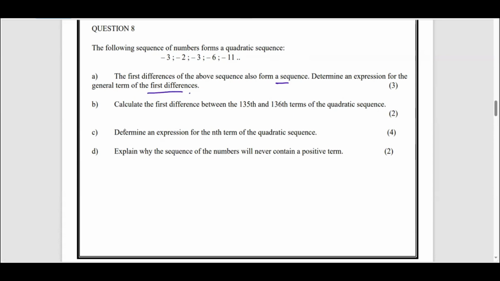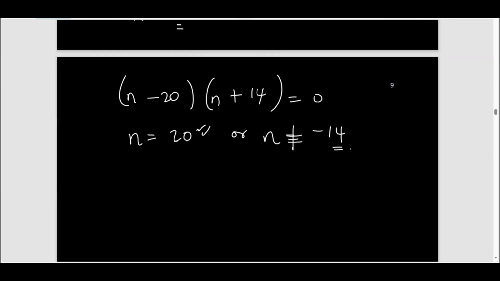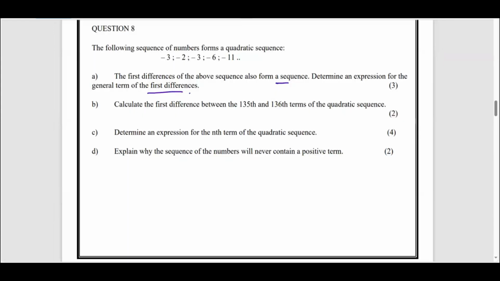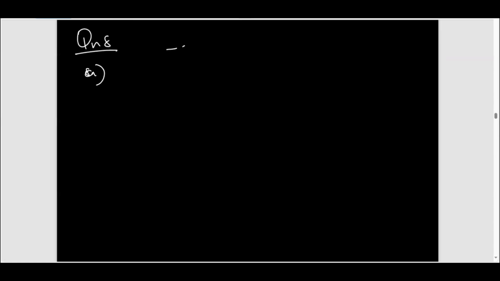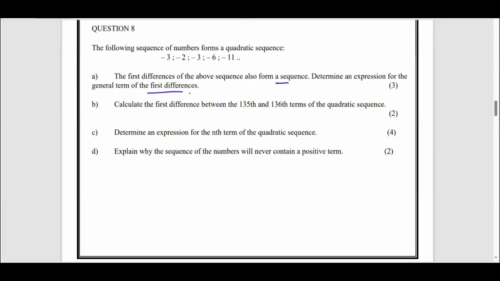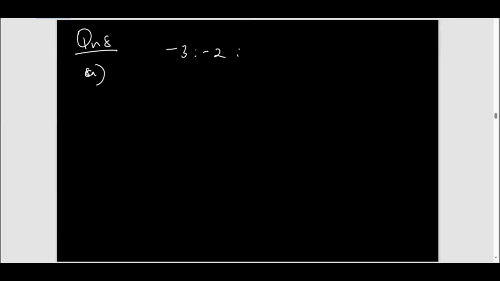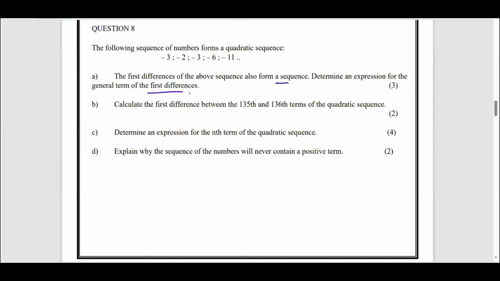All right, so negative 3, negative 2. Let me jot it down here. It's saying this is question 8, in terms of A and B. So negative 3, negative 2, and then we have negative 3, negative 6, and then we have negative 11.